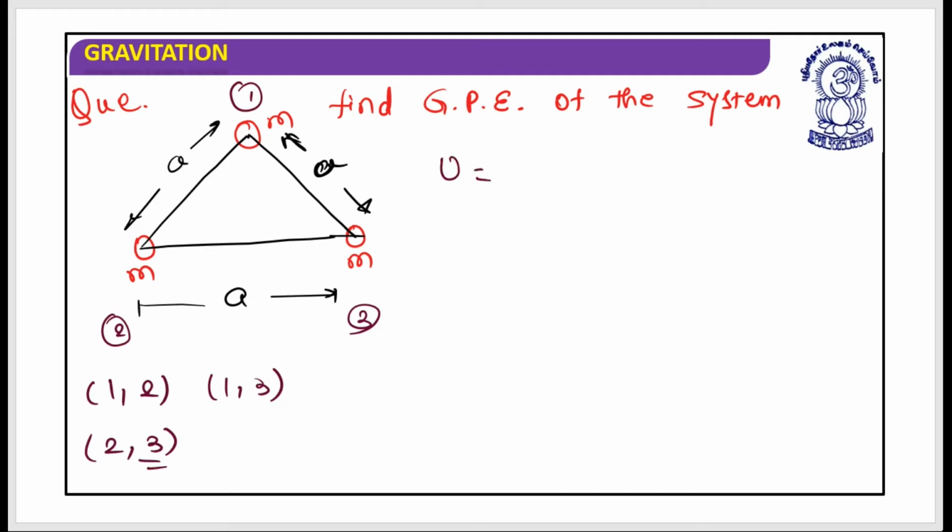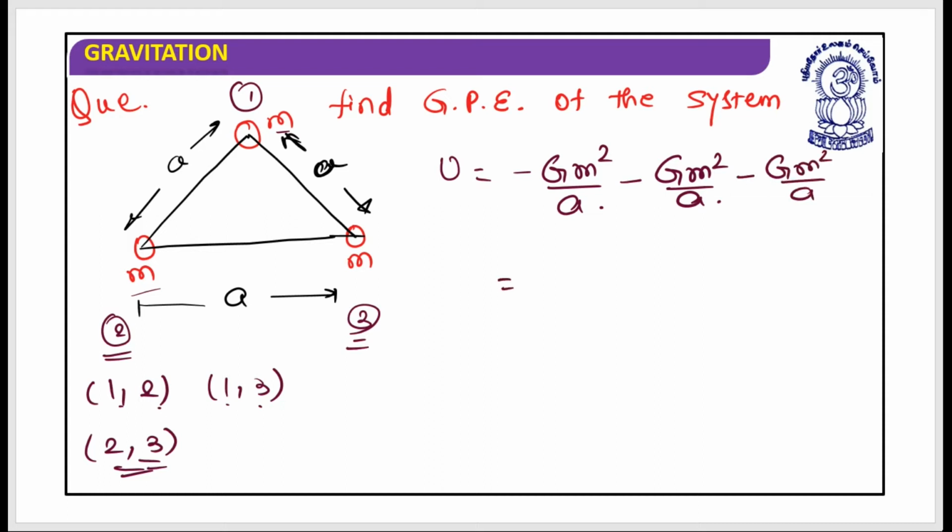U equals, for 1 comma 2, minus G M square divided by A. For 1 comma 3, again minus G M square divided by A. For 2 comma 3, minus G M square by A. So this will be minus 3 G M square by A joule. This is the potential energy of the system.